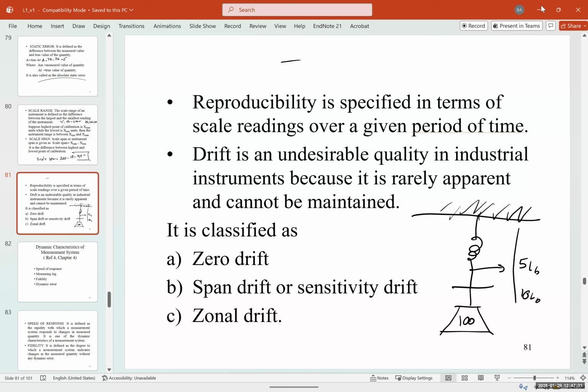What happens to the spring? What happens if I put too much weight on it? After a while, it stretches, and it doesn't go to its original space. So it should go back to 0. After a while, when you stretch this, it doesn't go back to 0. It goes back to, let's say, 1 pound or something like that. Okay. This is called a zero drift.